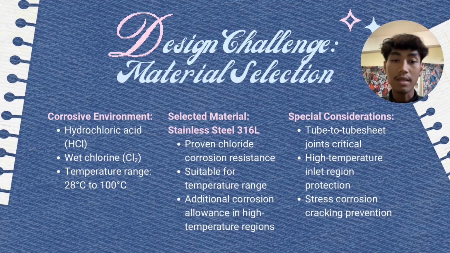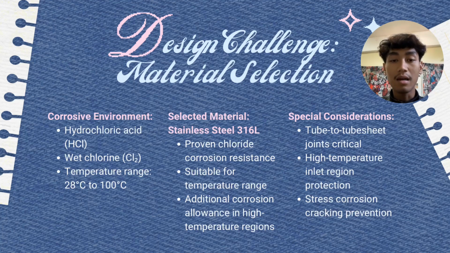This condition can cause severe corrosion if an unsuitable material is used. To overcome this, stainless steel 316L was selected. It offers excellent resistance to chloride corrosion, performs well within the operating temperature range, and provides better durability in high temperature areas.